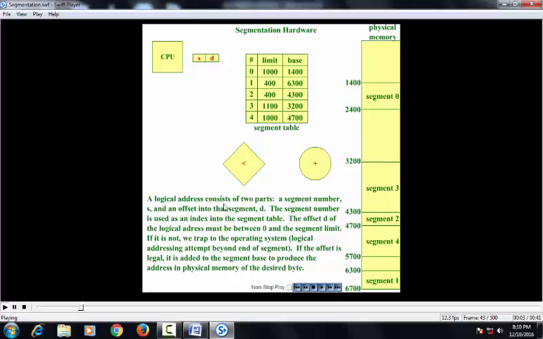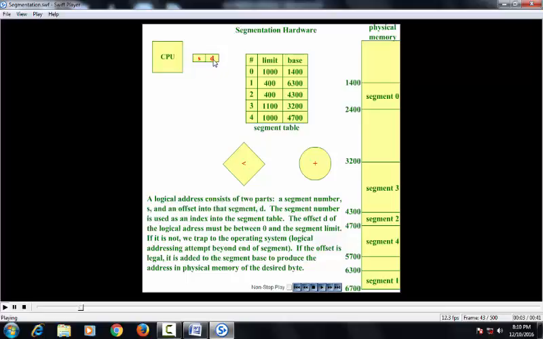A logical address consists of two parts: a segment number and an offset into that segment. The segment number is used as an index into the segment table. The offset D of the logical address must be between 0 and the segment limit.